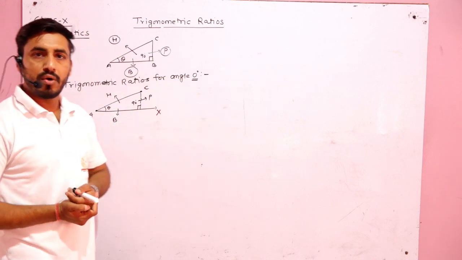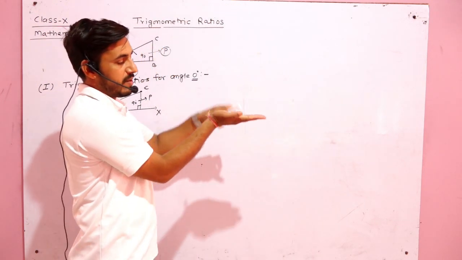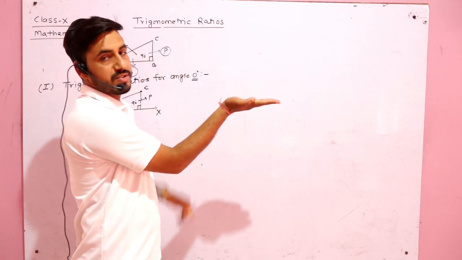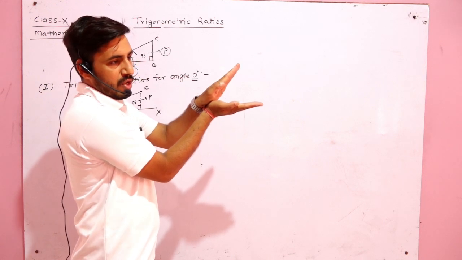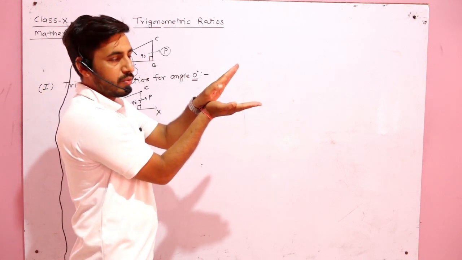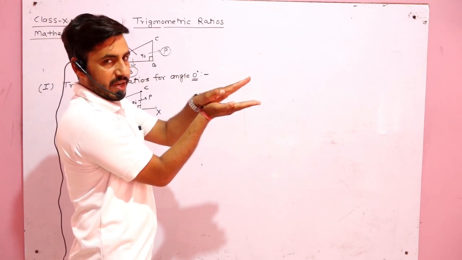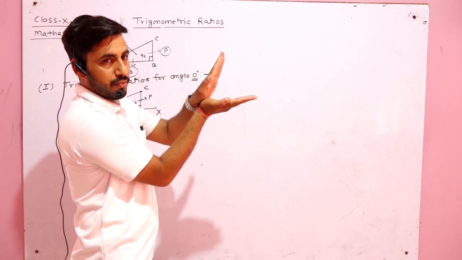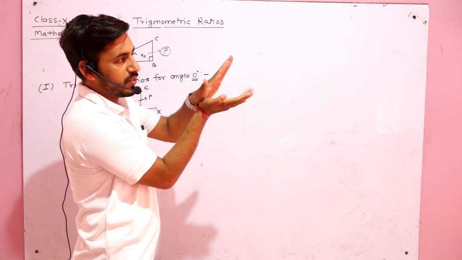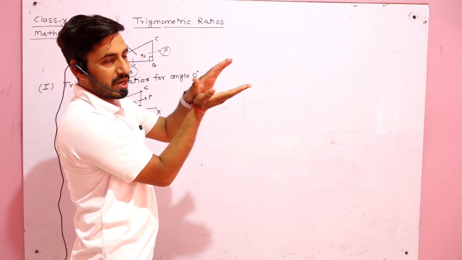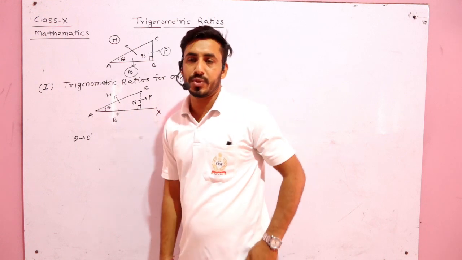If I take this side as the base and this side as the hypotenuse, then to make the angle 0 degree I have to move from this side. This hypotenuse will move towards the base, and in the final situation this point will move towards this point. It means this distance is moving towards 0.